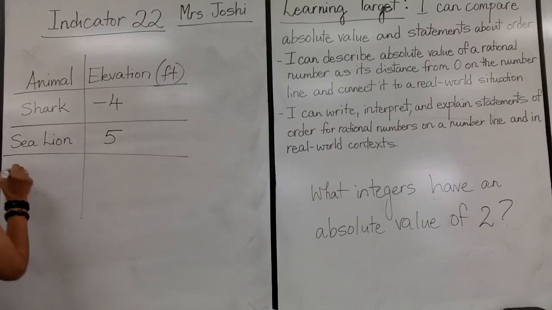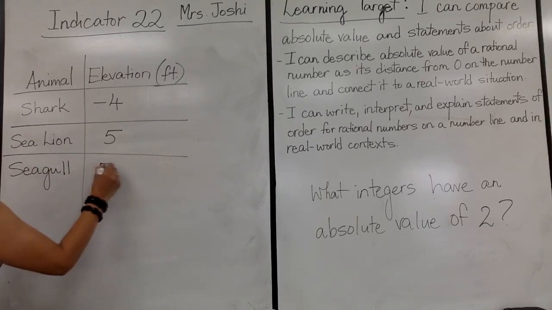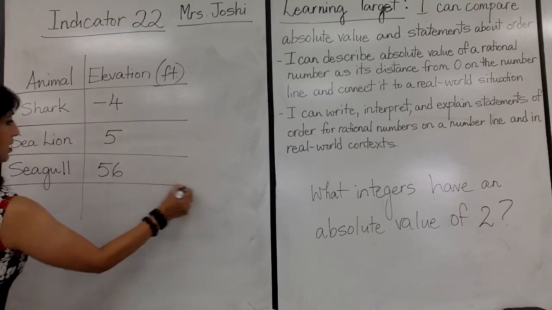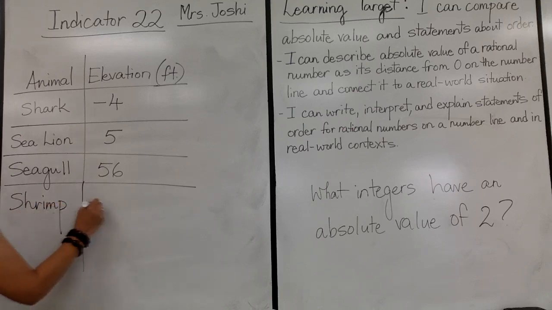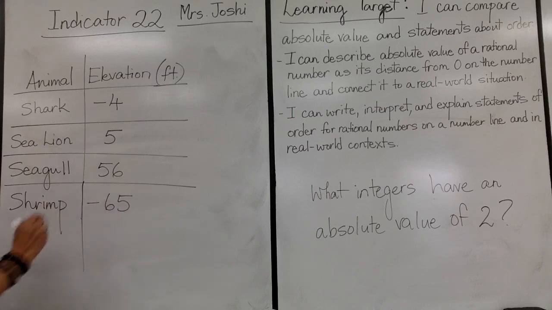We have the seagull, and this one is at 56 feet. So obviously it's flying or something. Then we have shrimp, which is at negative 65 feet.